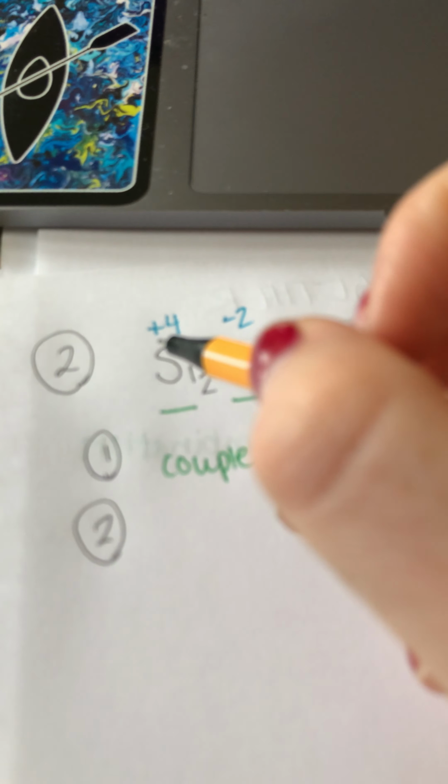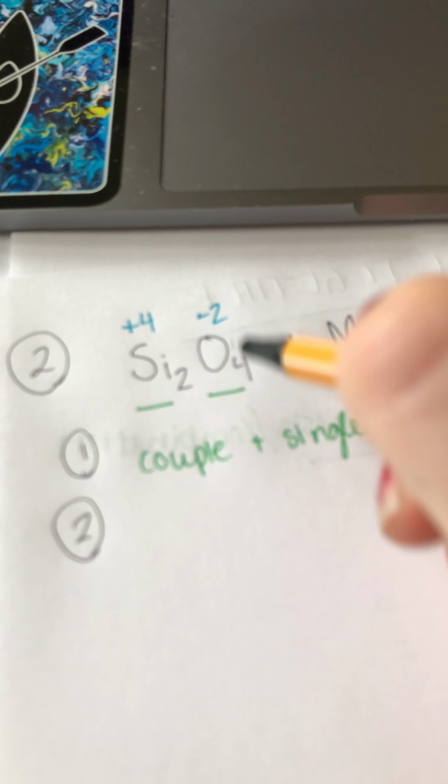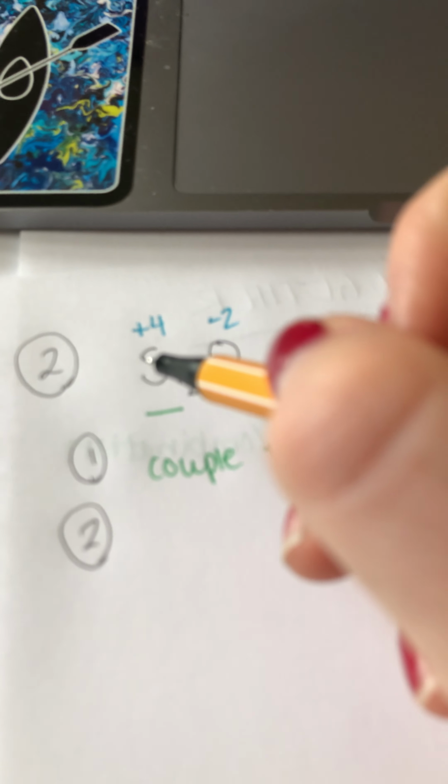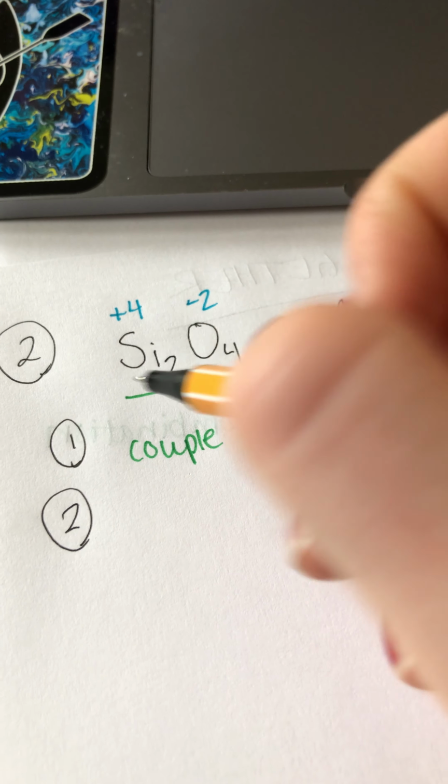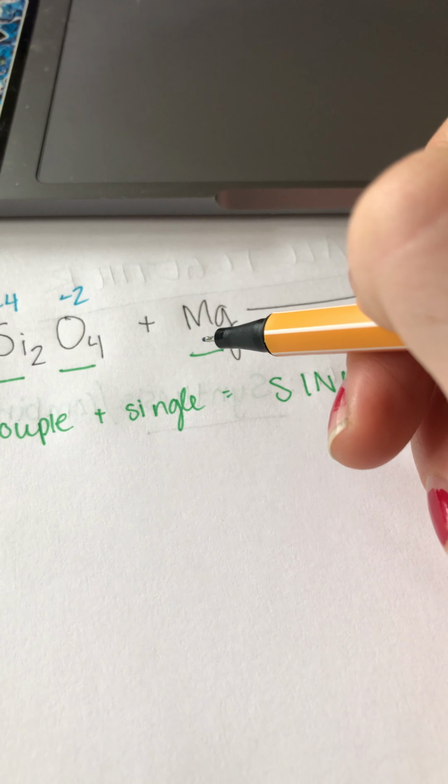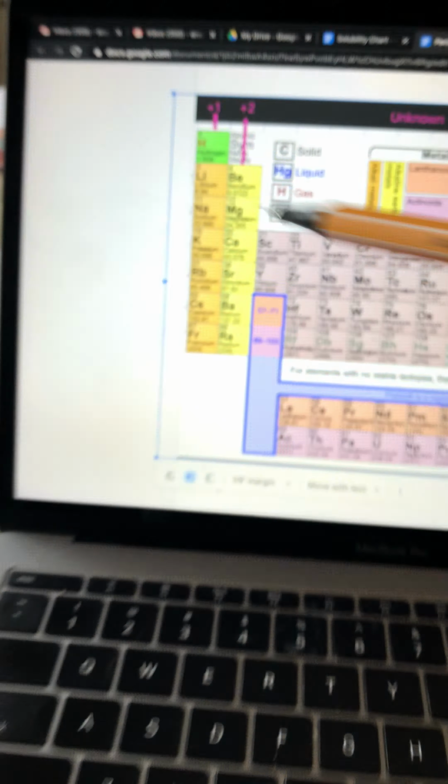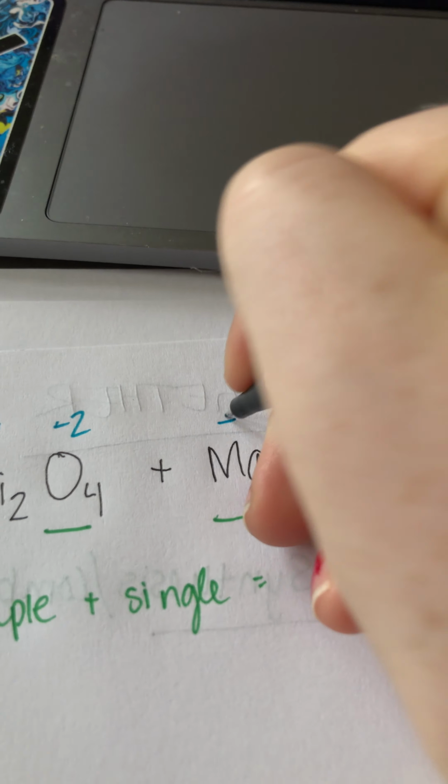So it's -2. You may notice on your periodic table, it may say +4, -4. Obviously, since oxygen is negative, this needs to be a +4, right? And then Mg is right here in our +2 column. So we've determined the charges.